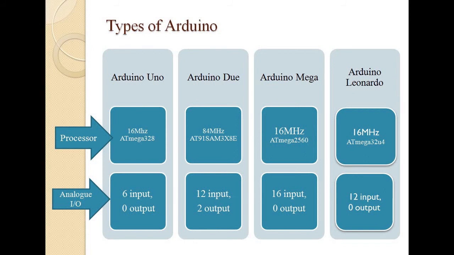Arduino Mega, which is 16 megahertz ATmega2560, and its input output is 16 input, 0 output. Then Arduino Leonardo, whose processor is 16 megahertz ATmega32U4, and there are 12 input pins and 0 output pins. So this is regarding the types of Arduino.